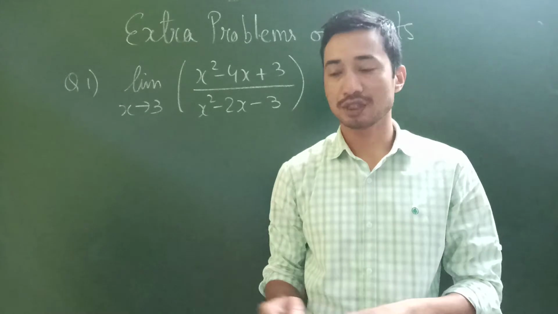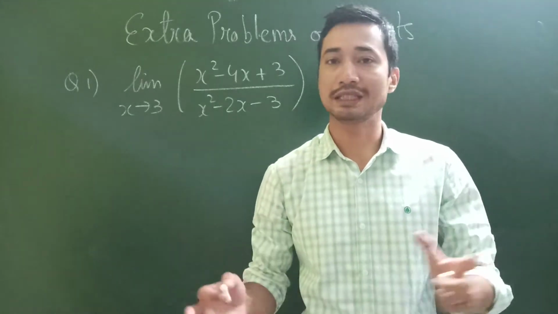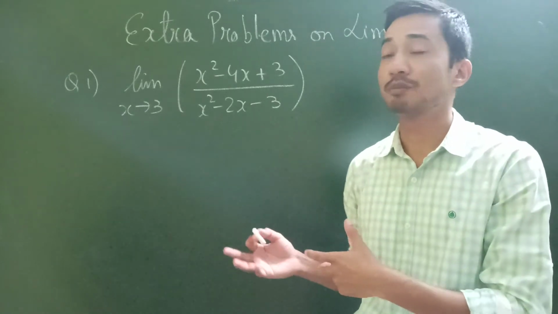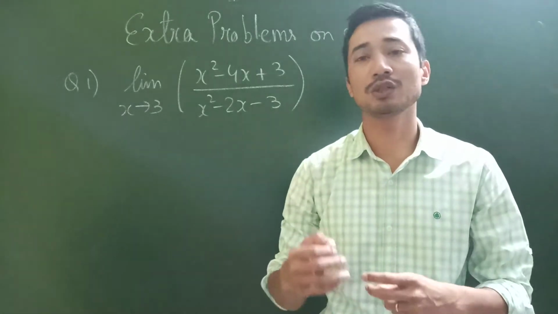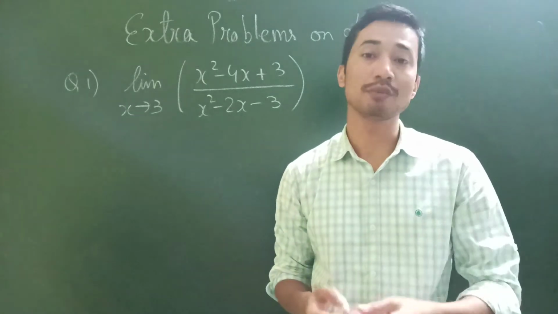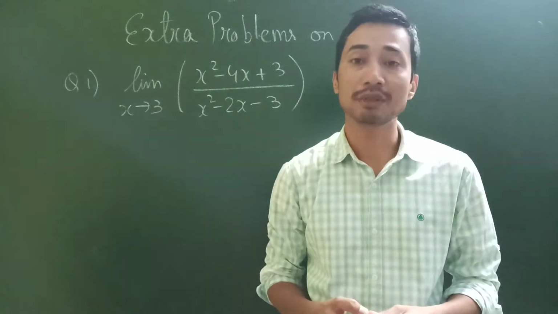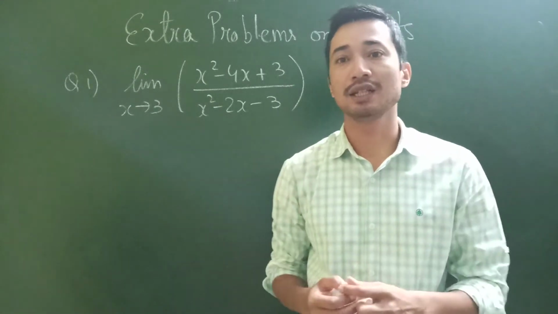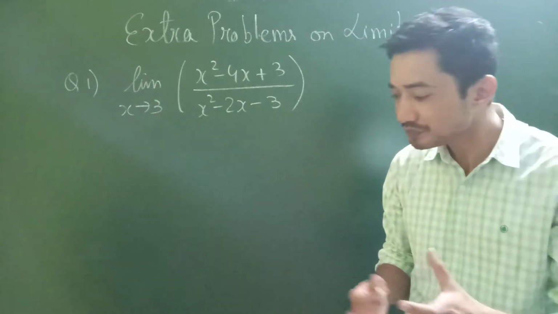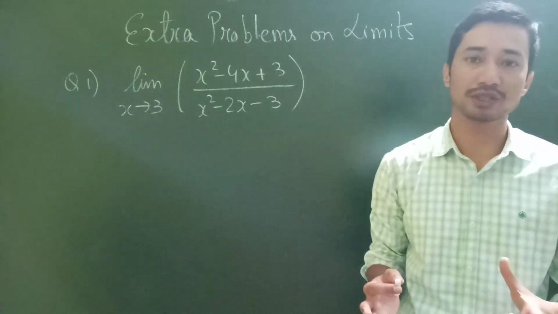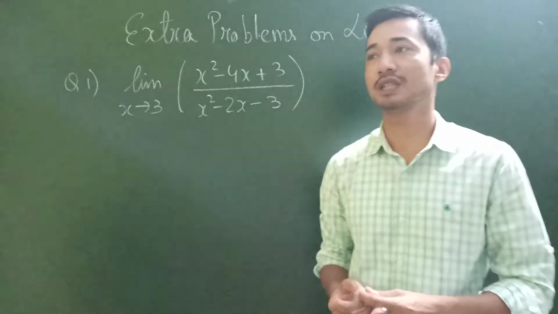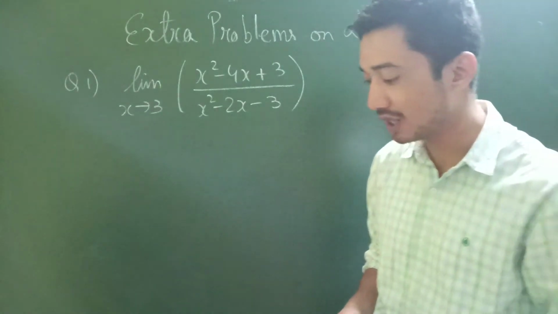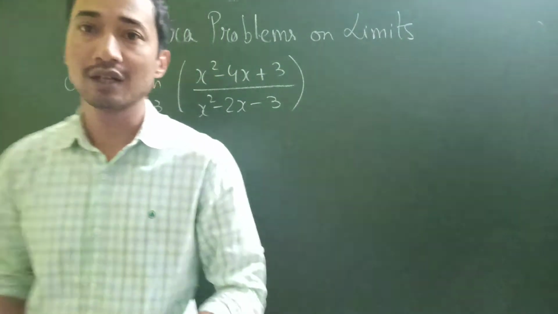So I've picked up some random questions from different textbooks and decided to solve them, so that it may be of some help to you to know how to mathematically solve problems on limits more properly. It will give you more variety, more variation. I'll solve around 7 or 8 questions from different textbooks, which I believe will give you good enough practice. So bring out your pen and paper, and let's begin with the exercise.